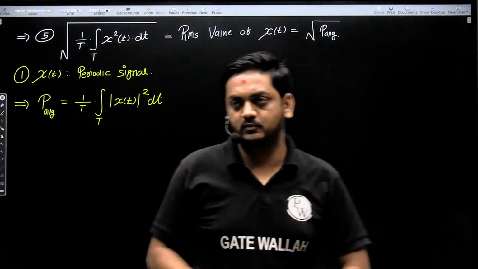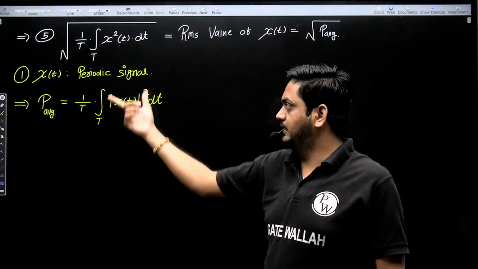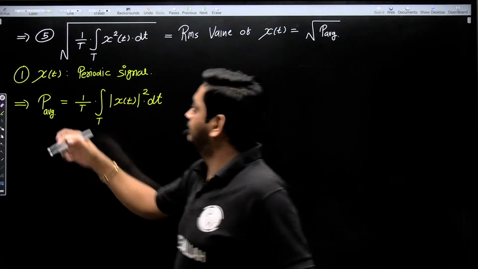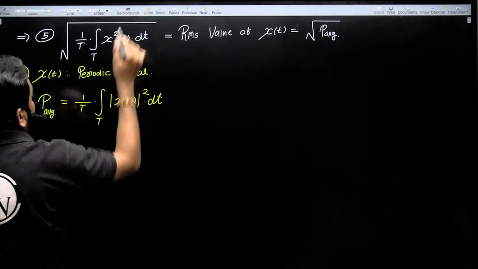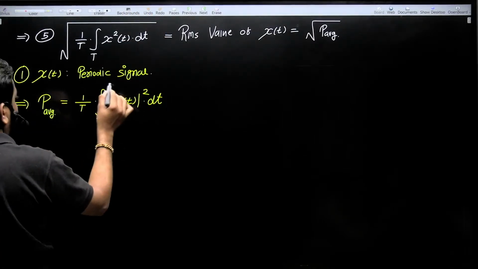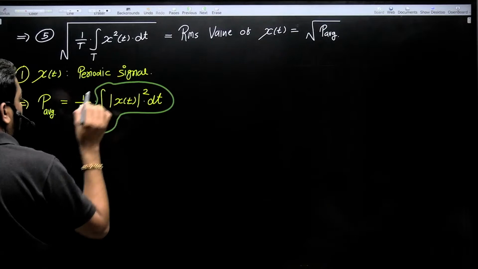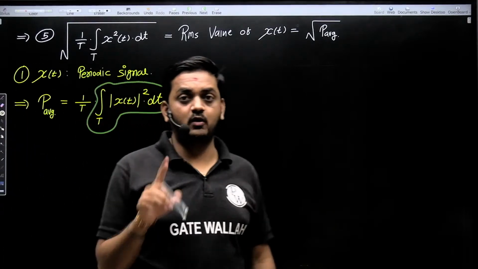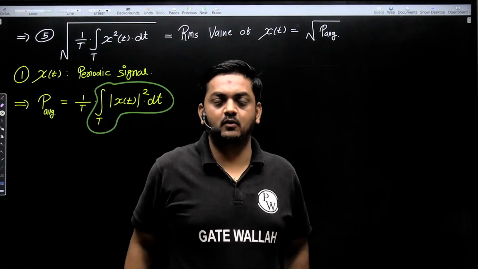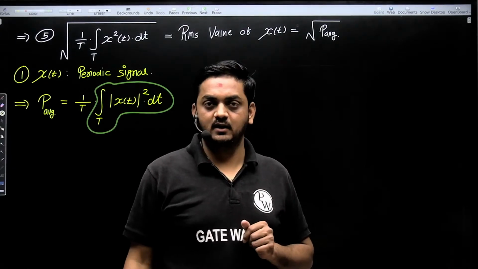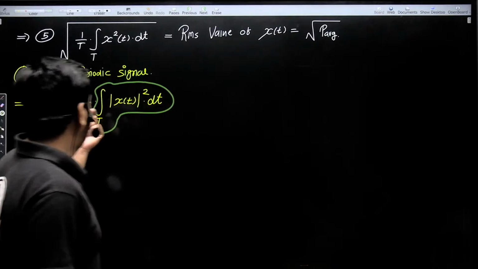If x of t is periodic, then this term is nothing but the energy of x of t for one cycle, divided by fundamental time period.